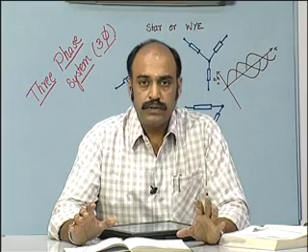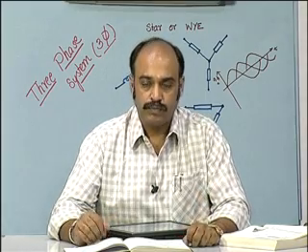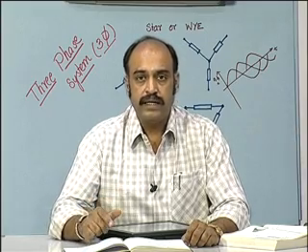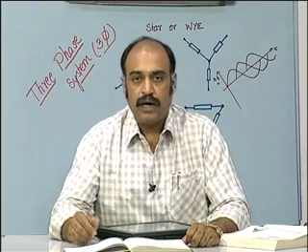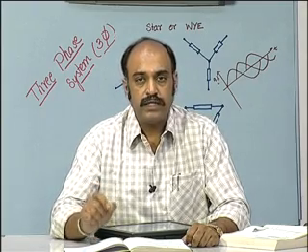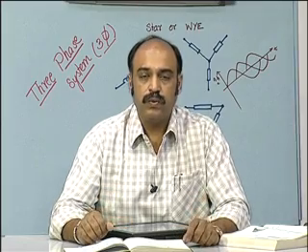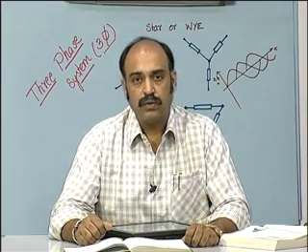The effective amplitudes of these three sources are equal, which means the peak amplitudes are also equal, and each waveform is 120 degrees phase shifted with respect to the other. They are equally phase shifted.